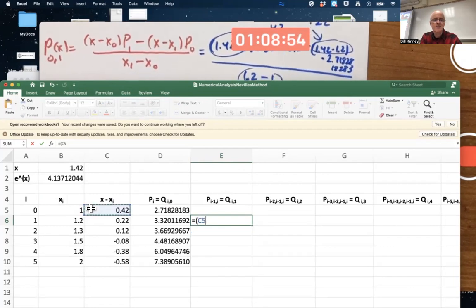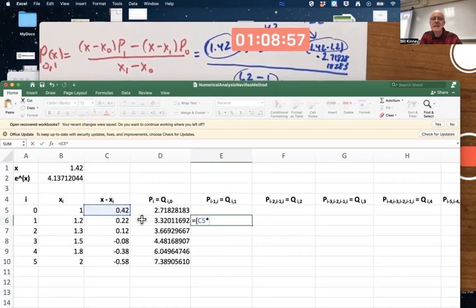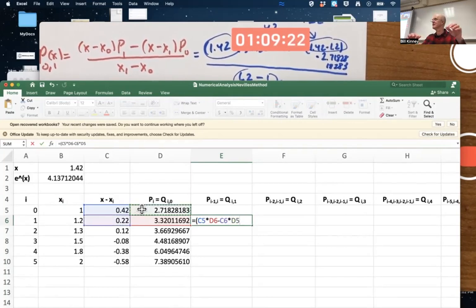C5 times P1, which is right here, not in the same row. So we're going diagonal. Then minus x minus x1, which is in cell C6, right there, times P0, which is in cell D5, like an x. All divided by x1 minus x0. Use parentheses.